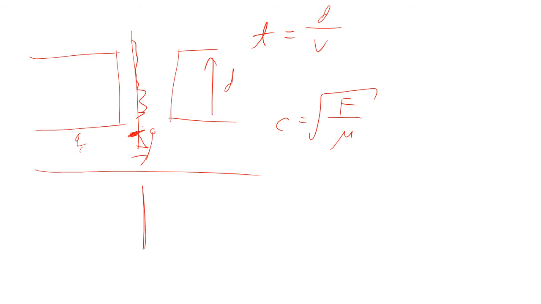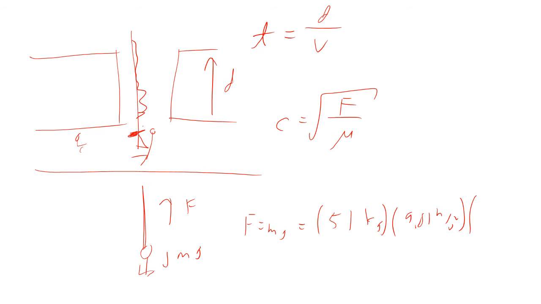Well, we've got the rope here, we've got her hanging here, and so we've got mg pulling down, and we've got this tension pulling up, and so we can imagine the tension equals mg. Now this is not going to be exactly right, but let's just pretend, 51 kilograms times 9.81 meters per second squared, and so that comes out to be 500 newtons.